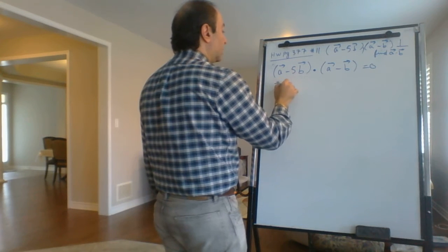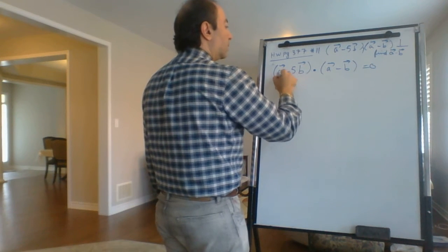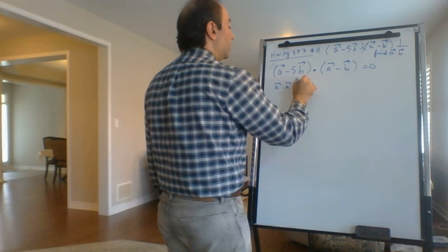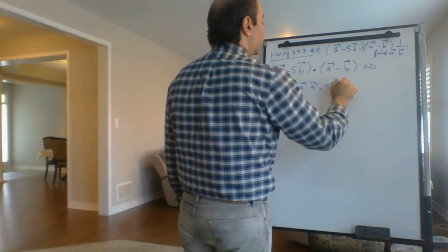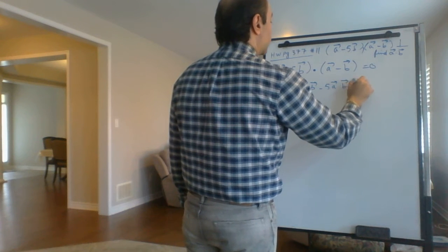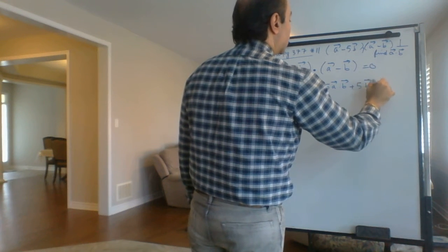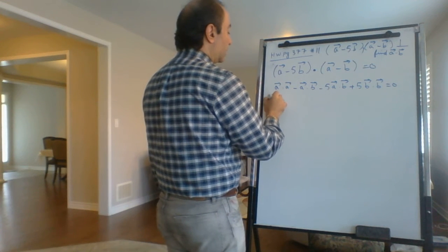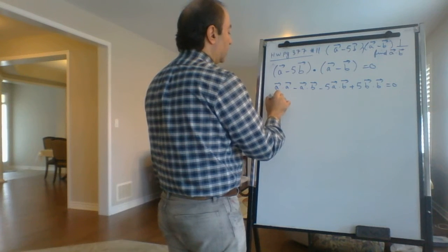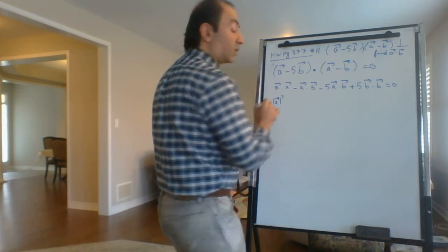So A dot A minus A dot B minus 5A dot B plus 5B dot B. This has to equal 0. So A dot A is the magnitude of A squared.